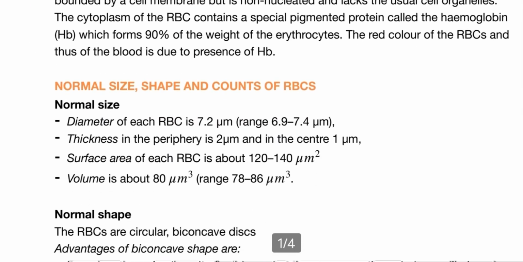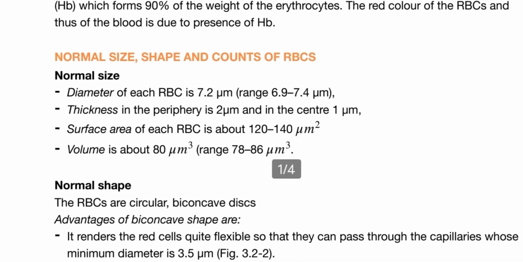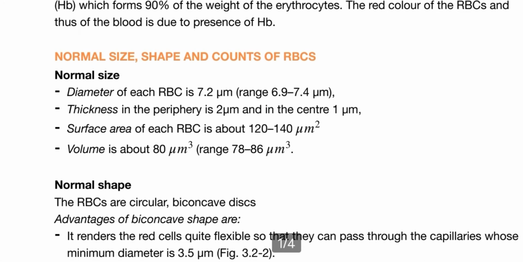Then normal size, shape and counts of RBCs. Normal size: the diameter of RBC is 7.2 micrometer and it ranges from 6.9 to 7.4 micrometer. Thickness in the periphery is 2 micrometer and in the center is 1 micrometer.